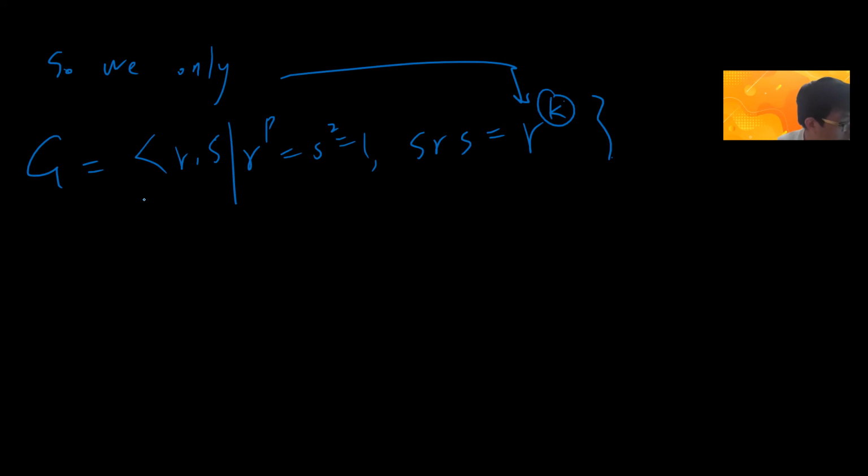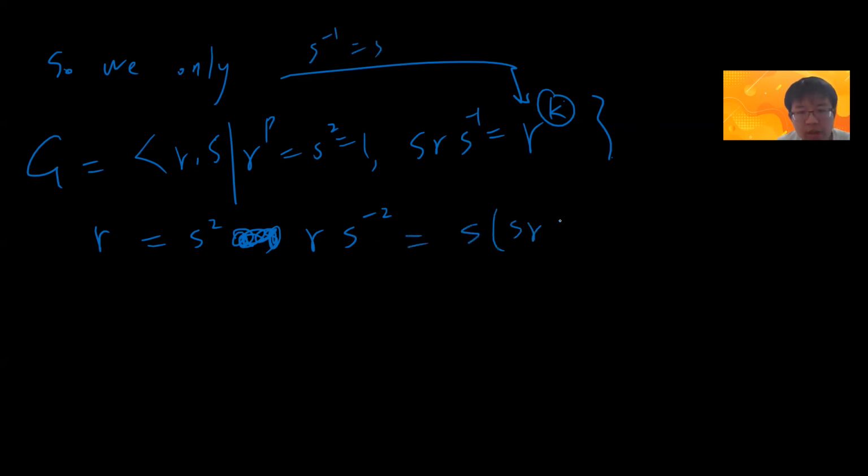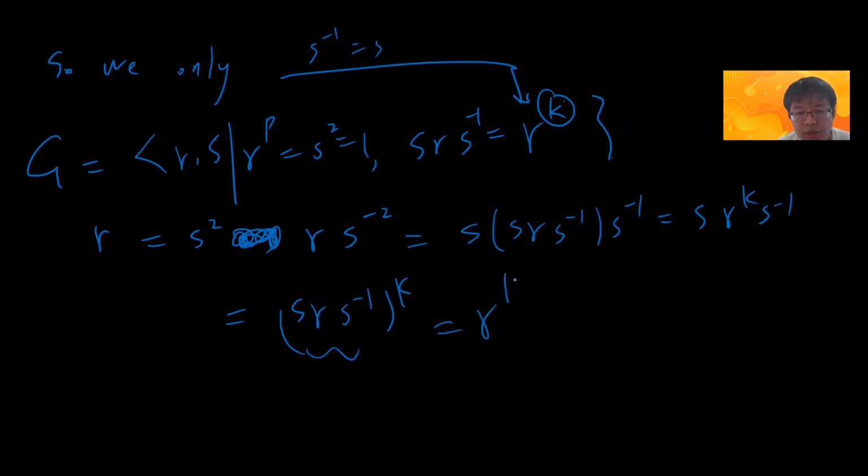And yeah, I think this is simple. So let's see. S squared is 1, so S inverse is just S. So I can write S R S inverse as S R^K S inverse. And this can be written as (S R S inverse) to the power K, and this is also R^K, so it's R^(K squared).